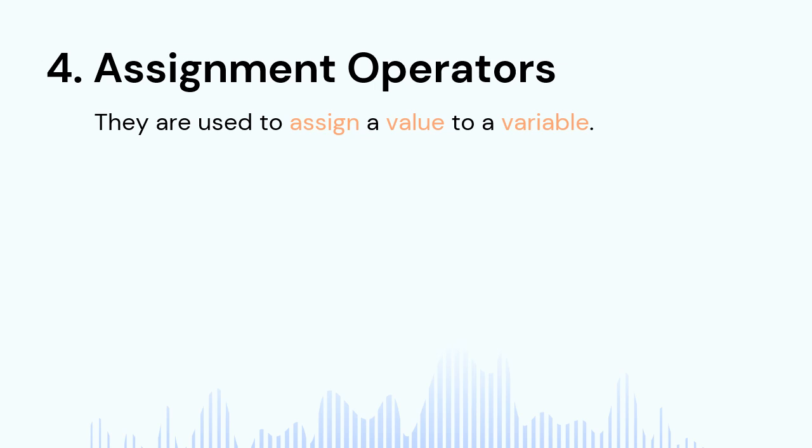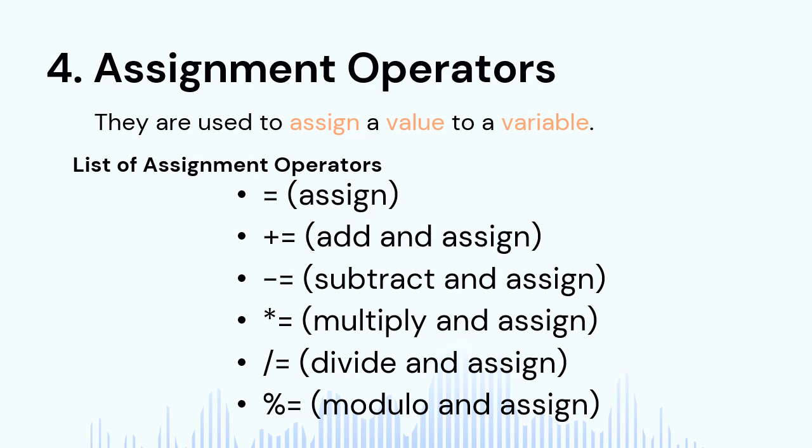If no value is assigned to a variable, it may give the result as none, or we might get an error, because if we don't define a variable, it will not be taken into consideration. So assignment operators are really important in a Python program. These are some of the assignment operators which we will be discussing in the next slide.